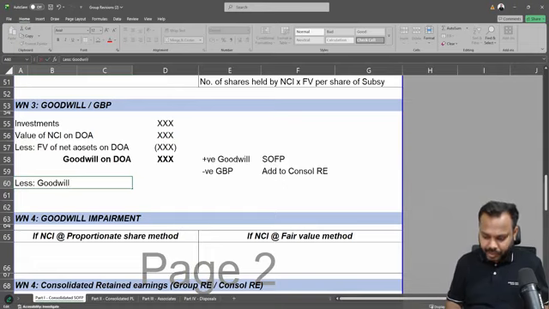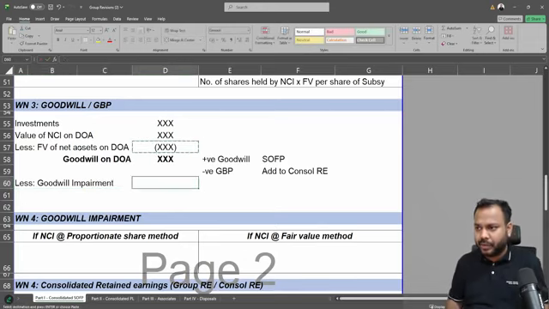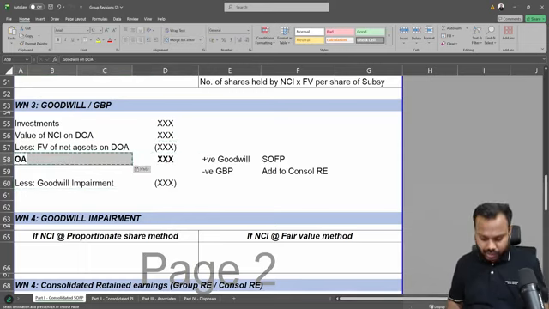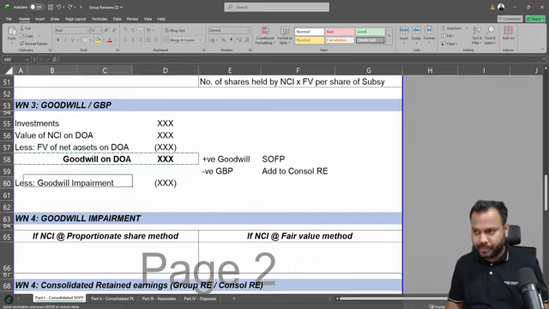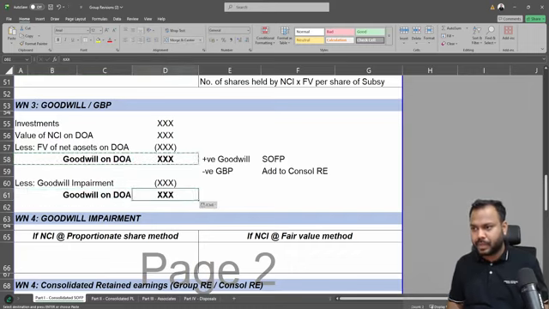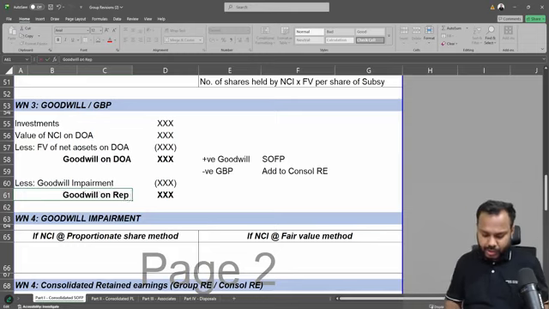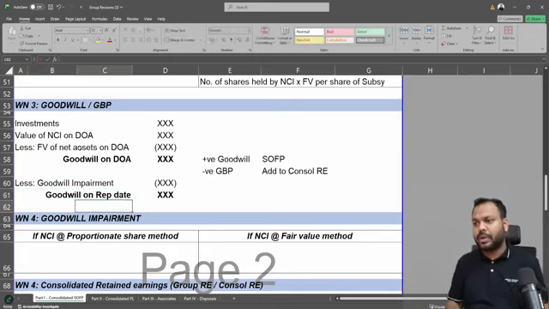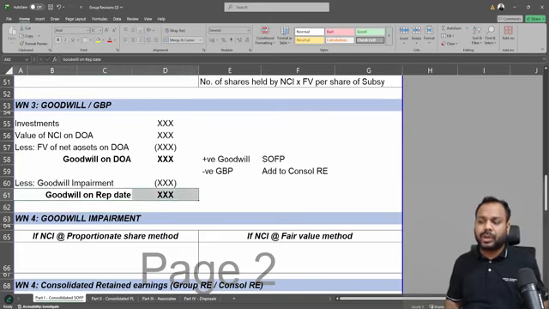If the goodwill is impaired, we have to account for that. This figure will give you goodwill on reporting date, which is the figure we report in SOFP.